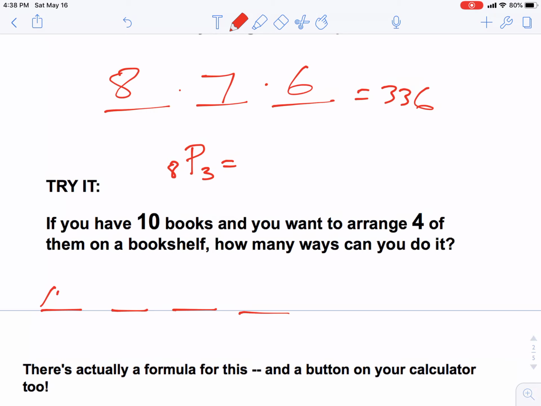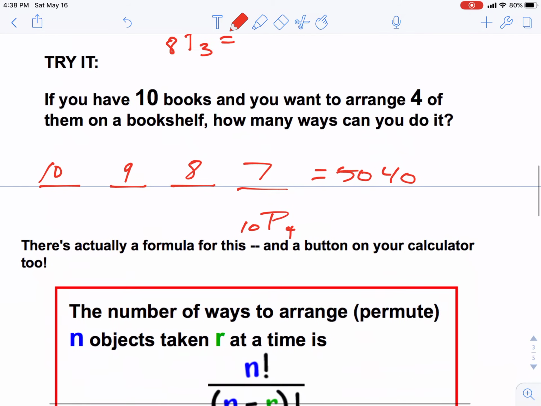So that's 10 times 9 times 8 times 7, which is 5,040. What would this look like? 10P4. All right, we have 10 objects. Since order matters, we're going to pick only 4 of them.